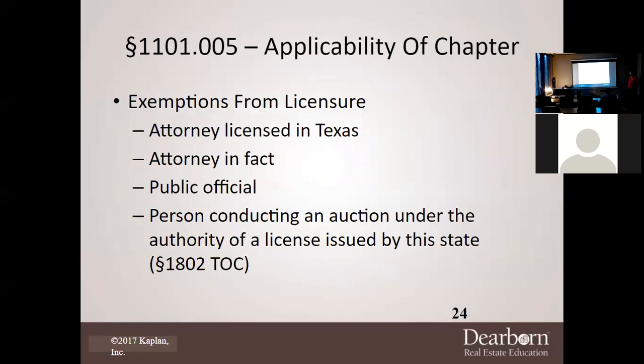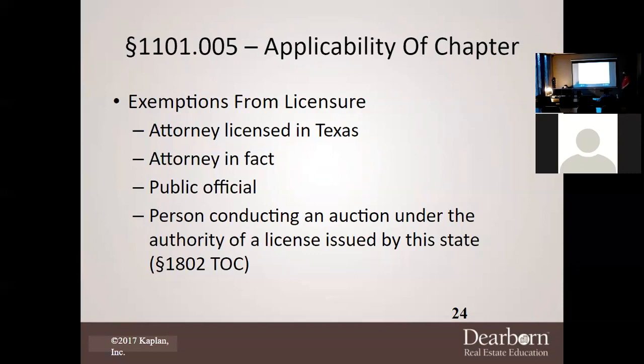What about the applicability of this chapter? Well, this is where they're going to get you on the test too. Very key, you need to know this. These individuals that we're talking about now are exempt from getting their real estate license, but there are rules to it. The very first one is an attorney licensed in Texas.